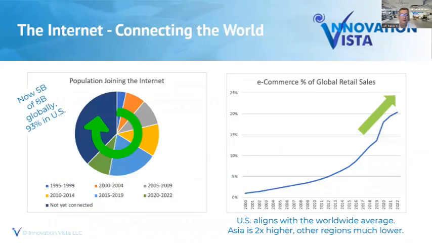The internet is another large factor, obviously, beginning really in the mid-90s. The chart on the left shows when people across the globe began to connect to the internet for email, browsing, any of the various protocols and services that people use the internet for now.